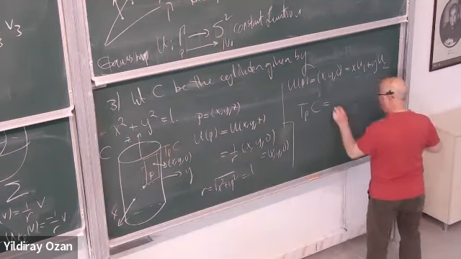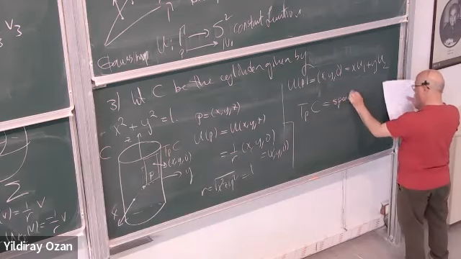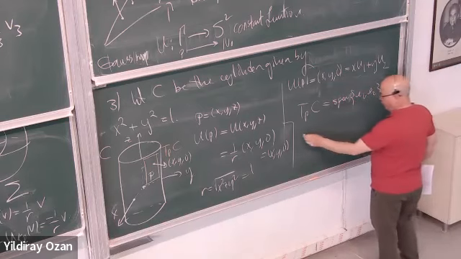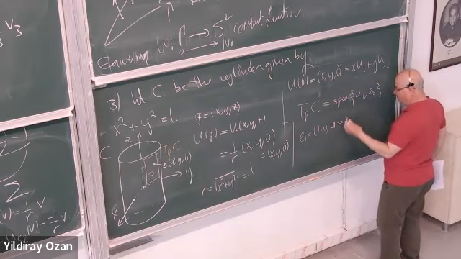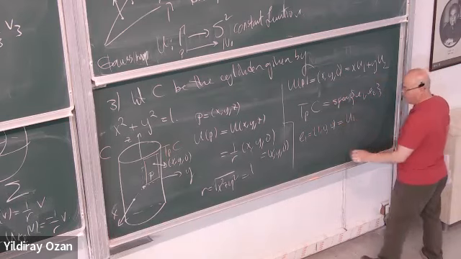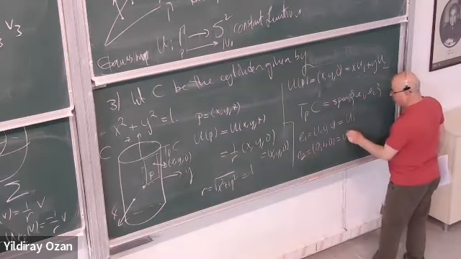Is this span of, I can write it also as like this, E1, E2, where E1 is again 1, 0, 0, which we also write as U1, and E2 is 0, 1, 0.